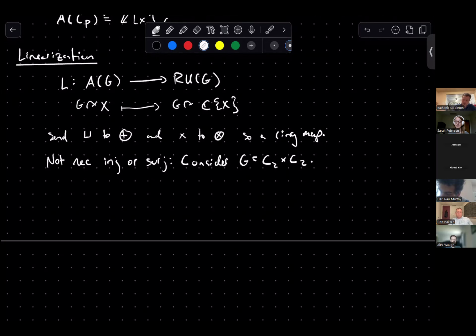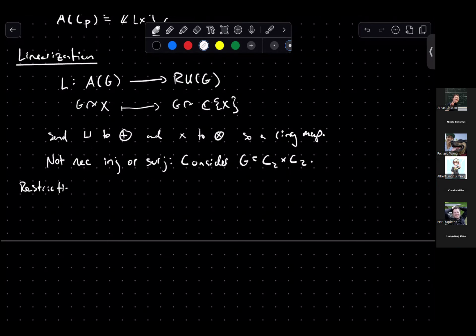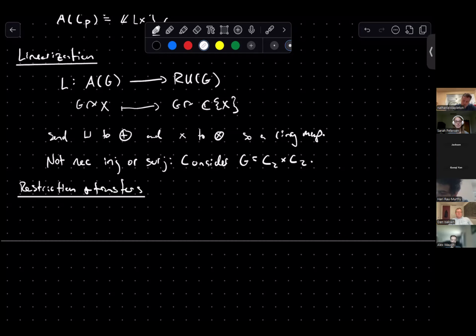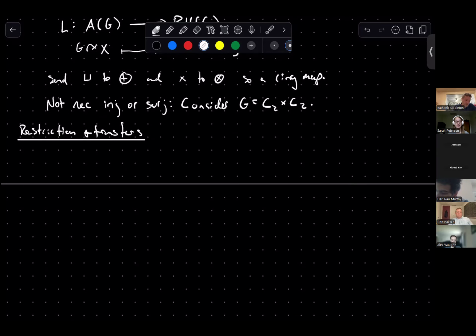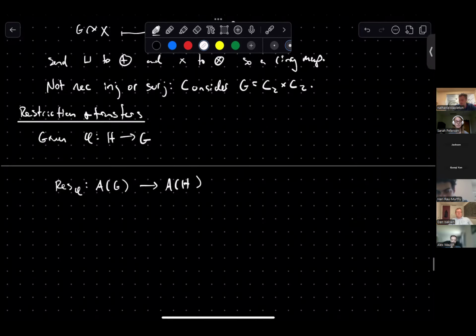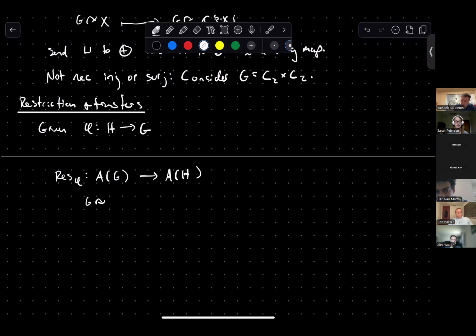So I want to talk about restriction and transfers. I'm not going to say a lot. So if I have some map phi from H to G, then I get a restriction map along phi from A of G to A of H. This is exactly the same kind of thing as happens in the representation ring case.